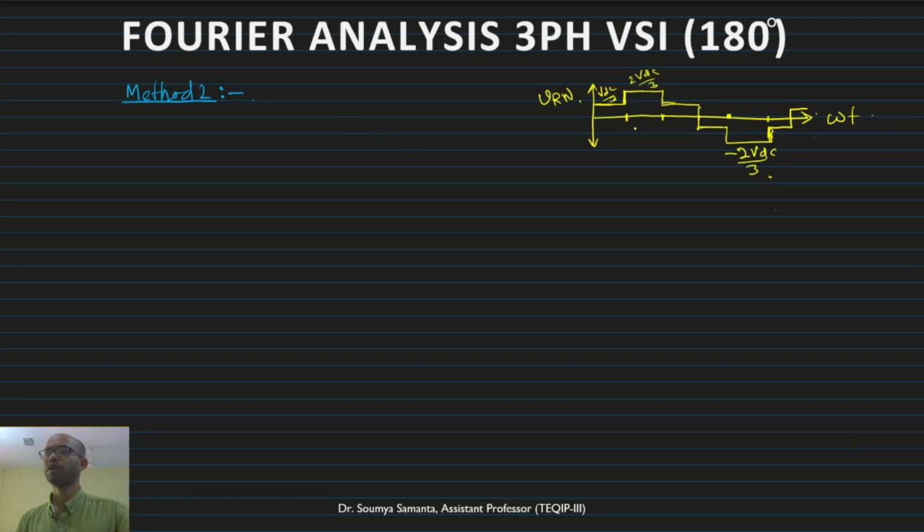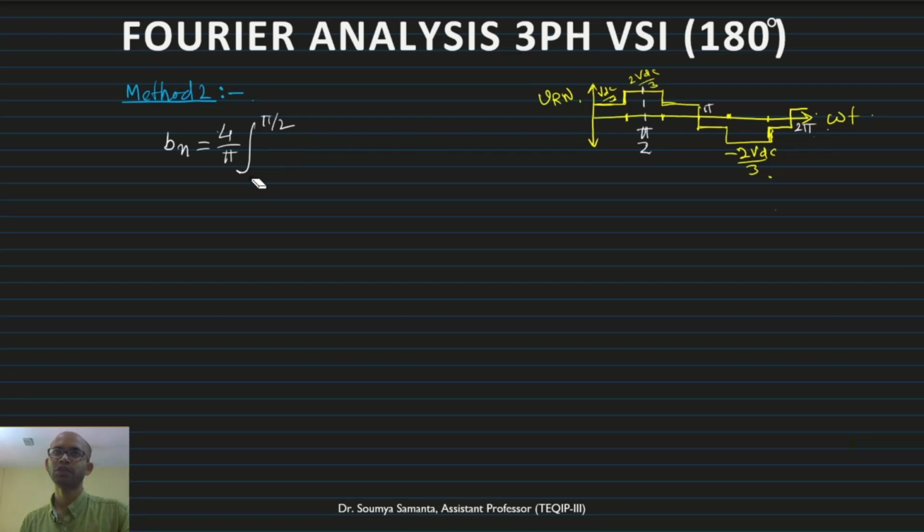Now we can see that this waveform possesses both half wave symmetry and quarter wave symmetry. If this is pi by 2, this position is pi, this is 2 pi. So if I find out this voltage, this is Bn. First we will have to find 4 by pi times the integration from 0 to pi by 2 of VDC sine n omega t.